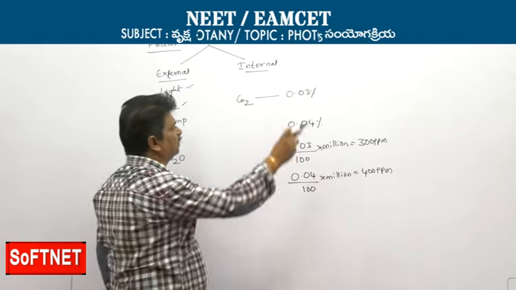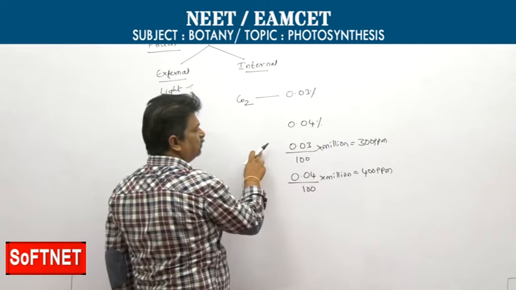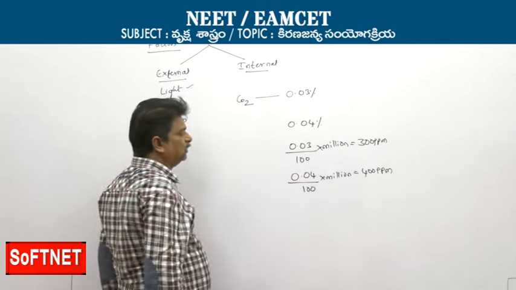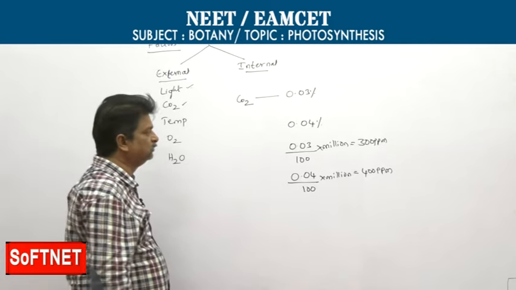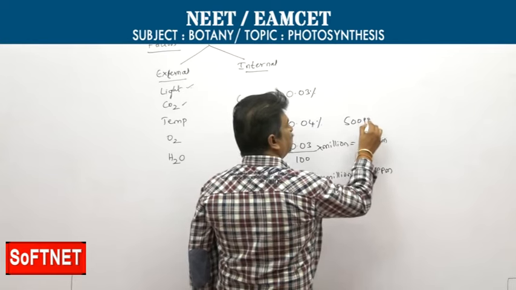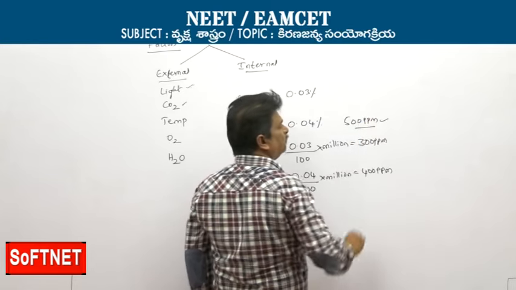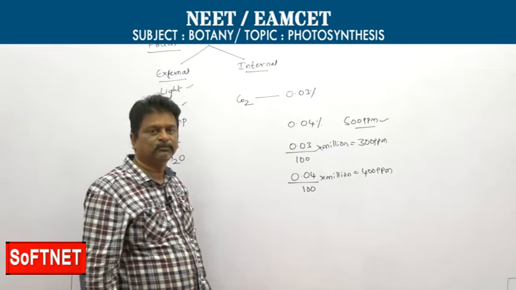So, the general atmosphere contains 0.03% to 0.04%, which means 300 to 400 ppm. With the increase of carbon dioxide up to 500 ppm, the photosynthetic rate is increased.